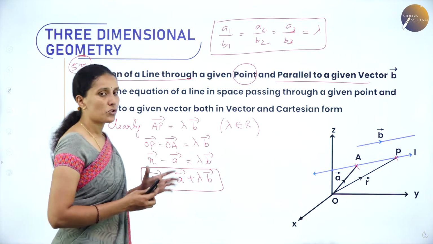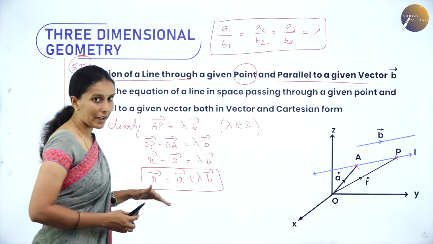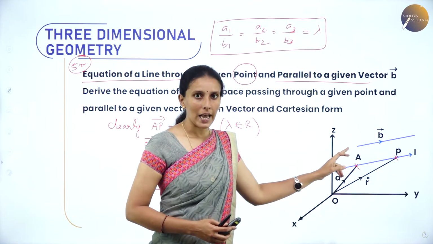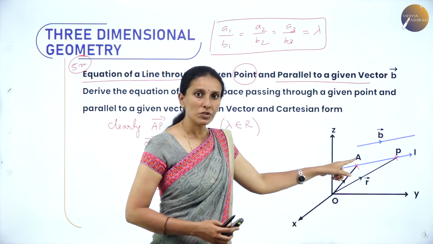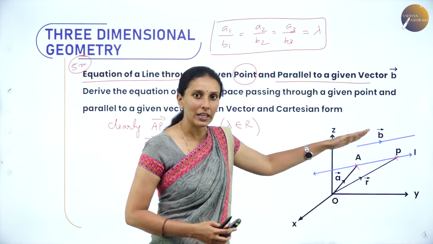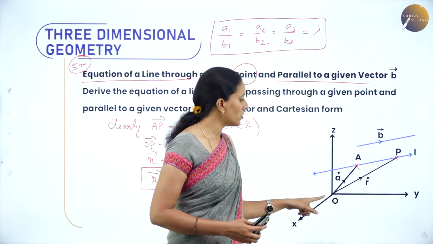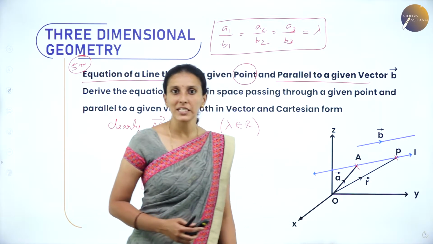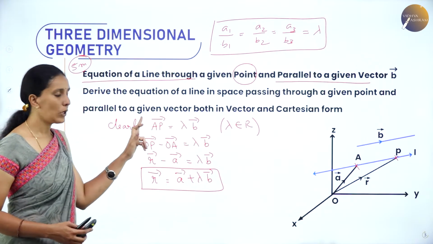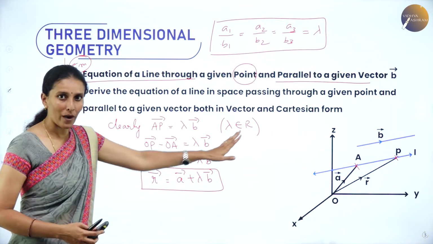So you are supposed to write the explanation also before writing this derivation. So what you are supposed to write? First consider a line passing through point A whose position vector is vector A. Consider vector B parallel to the given line L. Consider any arbitrary point P whose position vector with respect to origin is R. Then clearly from the diagram we get vector AP is equal to lambda into vector B, where lambda is some scalar quantity.